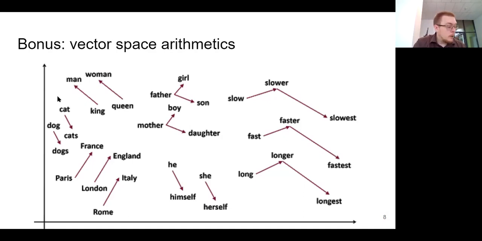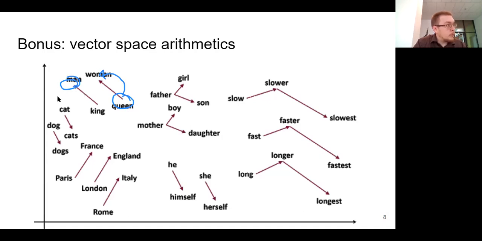What does it mean? If you take the word queen and subtract the vector for the word woman, this will encode the relation of a royal person of a female kind. And then you add man instead of woman.